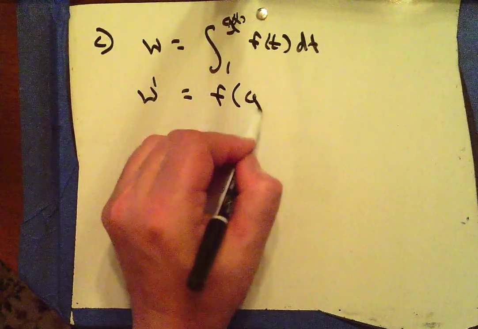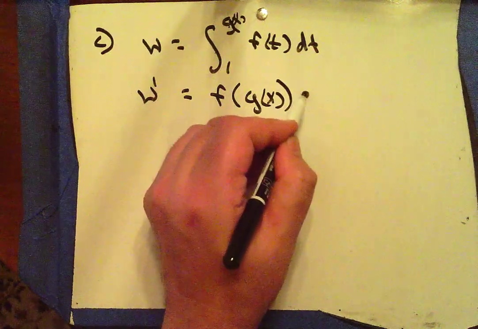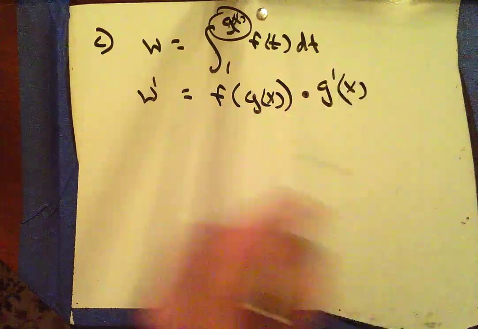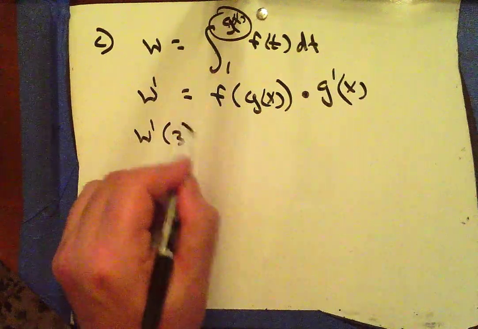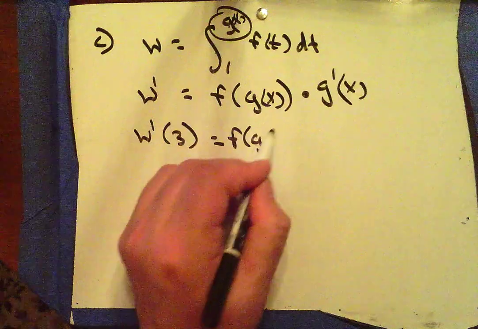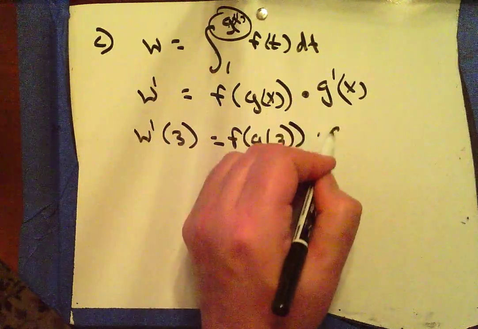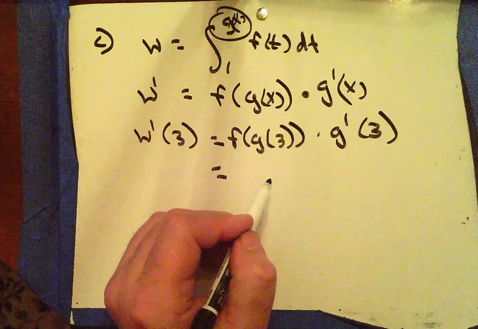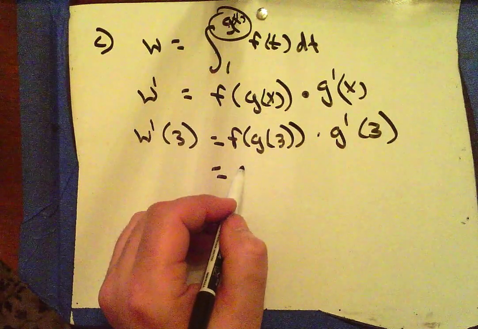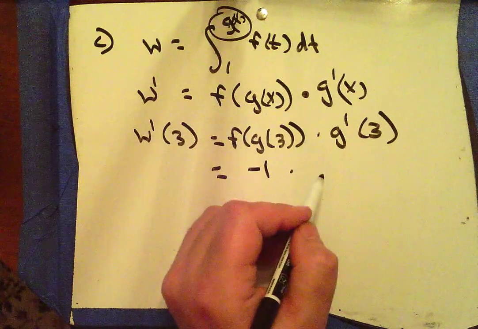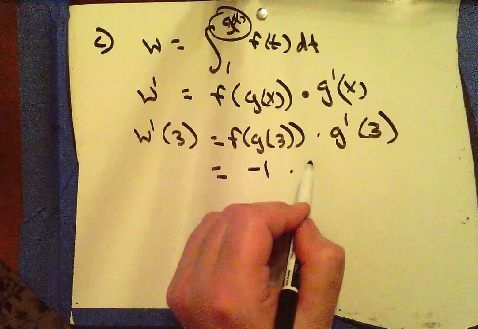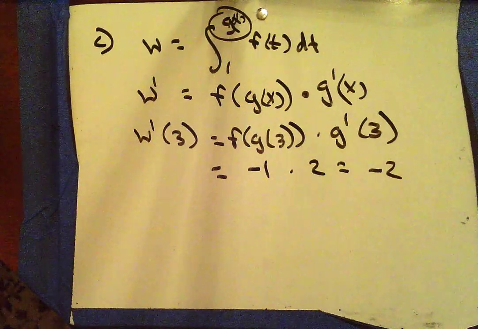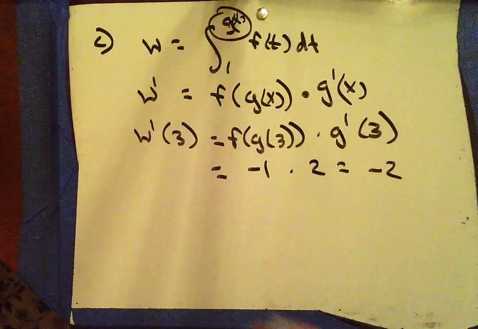So I've got f of g of x times, careful, don't forget the derivative of that, g prime of x. So if I want w prime of 3, I want f of g of 3 times g prime of 3. g of 3 is 4, f of 4 is -1, g prime of 3 is 2, and I get -2. And I like -2 there.